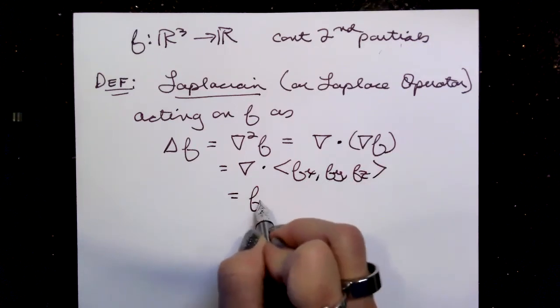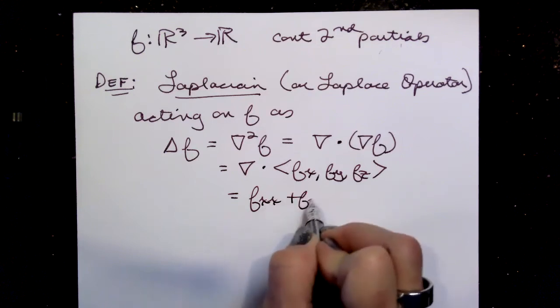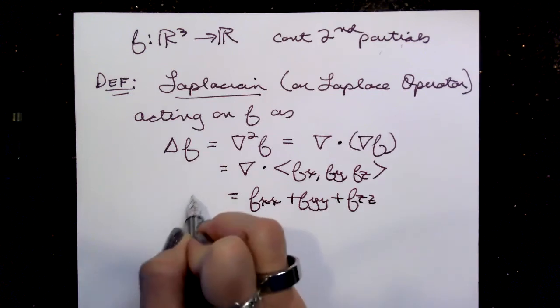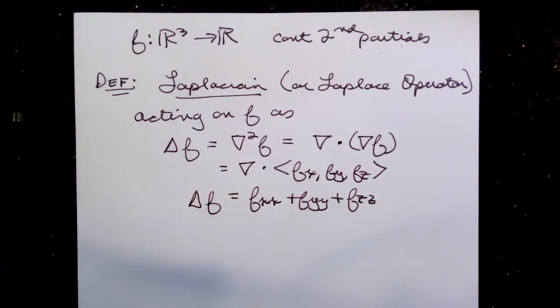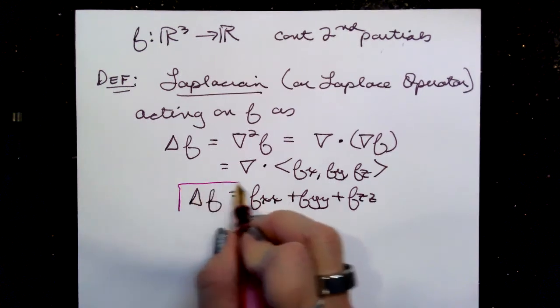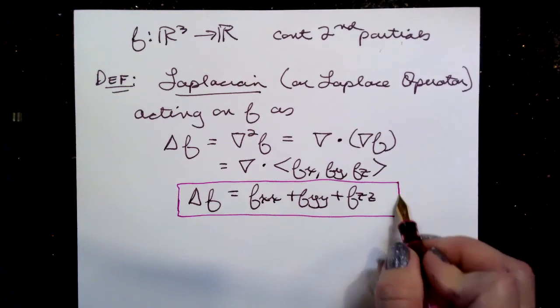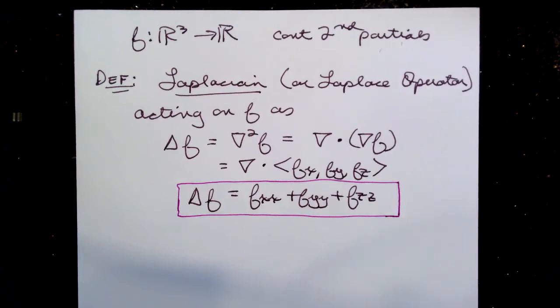So that means fxx plus fyy plus fzz. So that's what the Laplacian of f is. I am more trained as a mathematician than any other kind of science, although I do mathematical physics. So I will use the usual mathematician notation for it, the delta, okay?